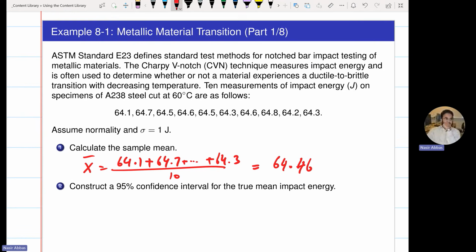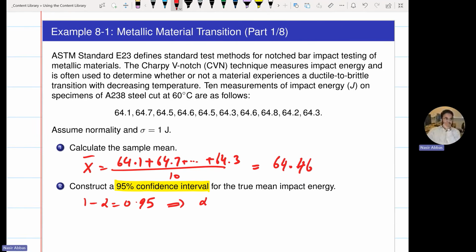What's the next question? Now read the question very carefully. What is given in the question? Is it significance level or confidence level? Confidence level. So what's given to you is 1 minus alpha in the question.